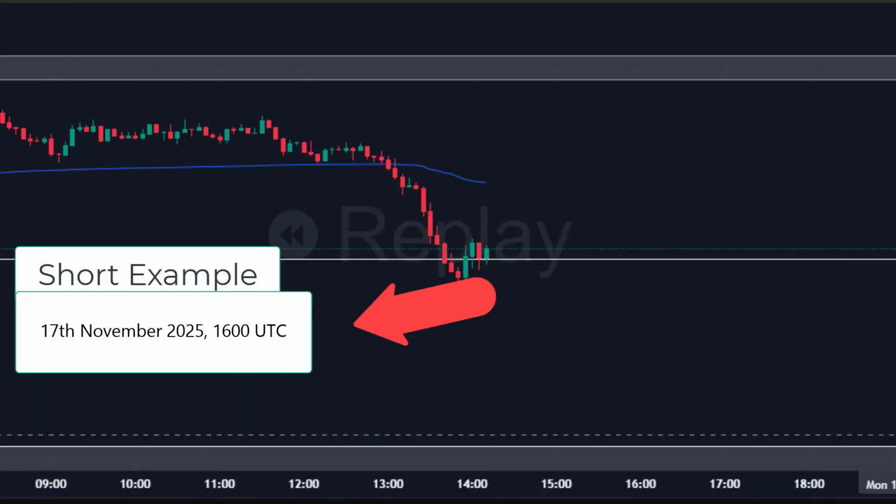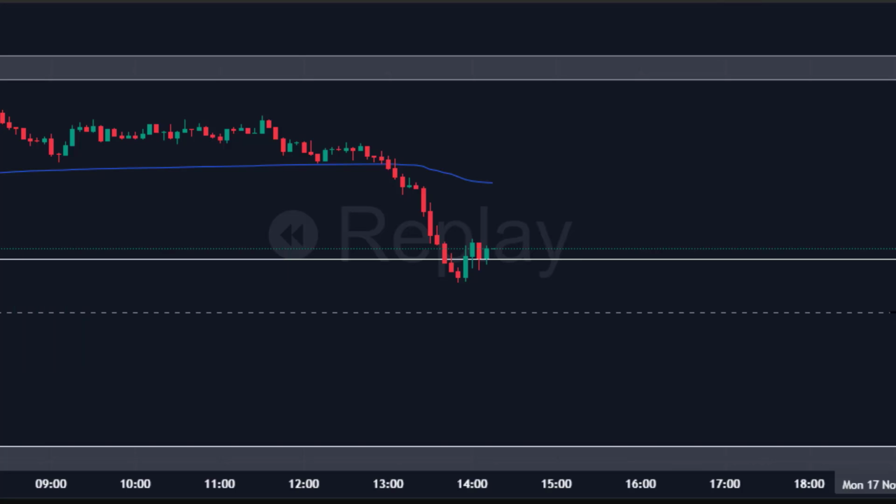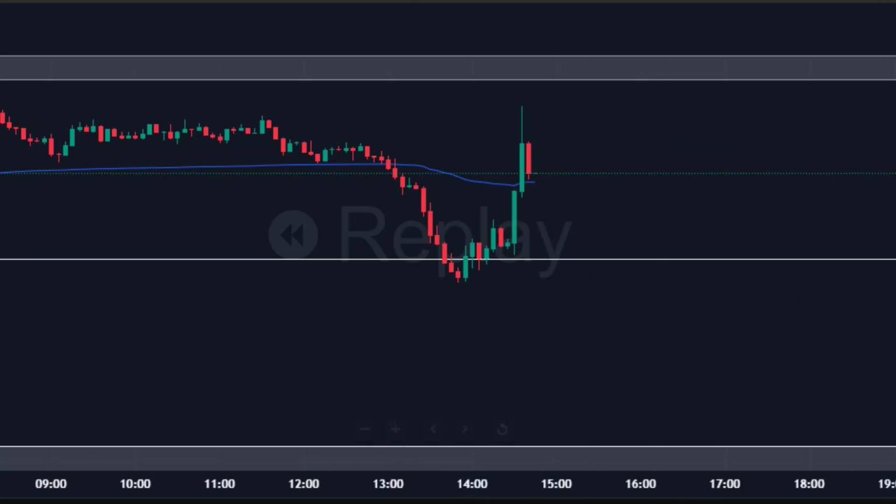Now, here is a short setup example. The date is 17th November 2025, and the UTC time is 1600, so this is during the New York session. Please open your TradingView and test this by yourself. Now you can see price is crossing the VWAP and tries to move towards the resistance but fails, creating a bearish wick.